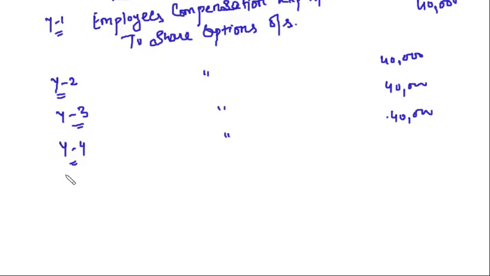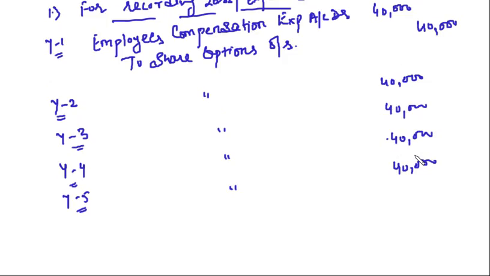What is the vesting period? It is a period of 5 years after which the option can be exercised. Then year 5, same entry, 40,000. So you have written off 2 lakh rupees over a period of 5 years. You have divided the expense into 5 years because the vesting period is 5 years.